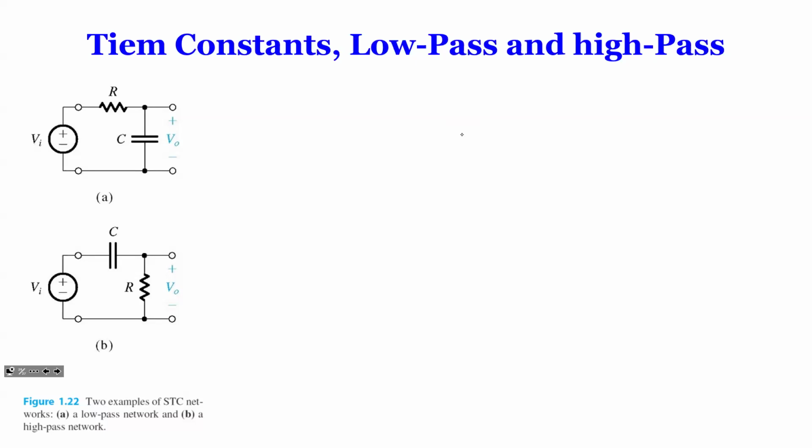And then here is a high pass, because when the frequency is very high, the C becomes like a 0, and then all the voltage applies here. But in the first one, when the frequency is very high, all the current goes through, but the voltage is 0. So high pass, low pass is what we define.